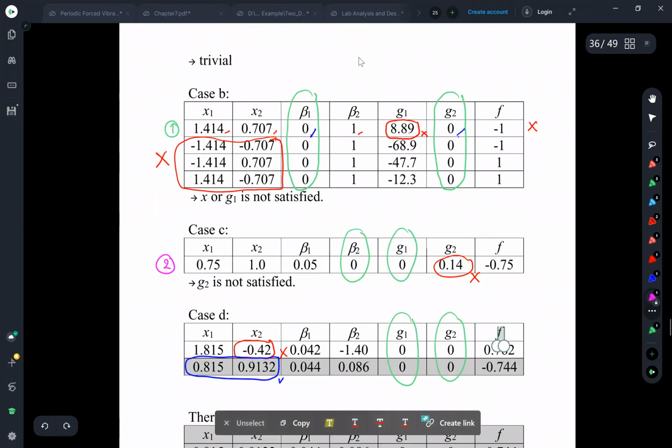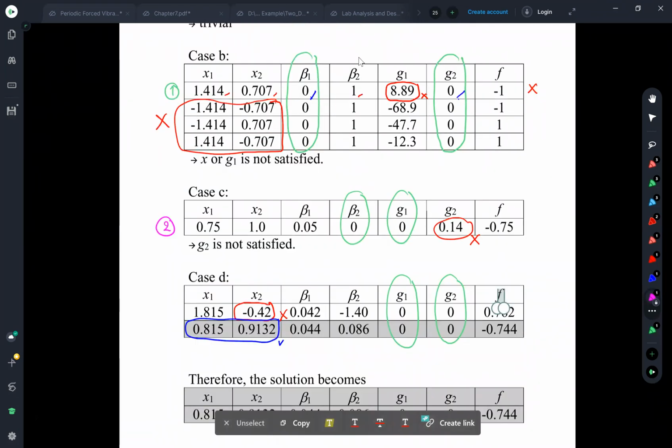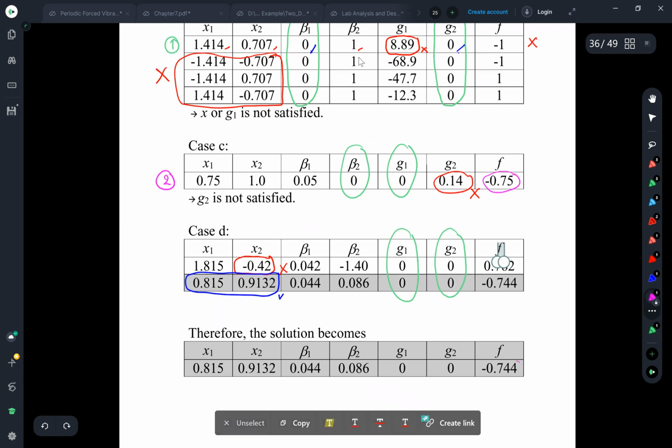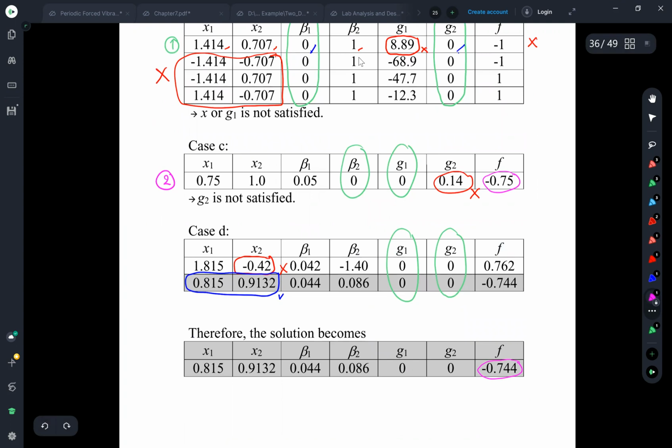Look at the area. If you look at the area in this case, it is 0.75, which is just a little bit greater than the solution we just obtained, right? 0.744. We would be happy if this were our solution because the area is a little bit larger, but unluckily it violates G2 a little bit as well, right?